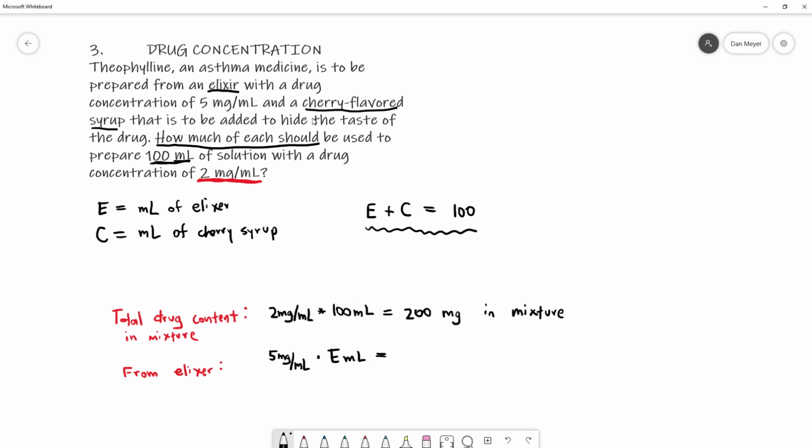So that's going to be 5E milligrams from the elixir. And then from the syrup, well, the syrup has no milligrams. 0 milligrams from syrup. That's just there for the cherry flavor.